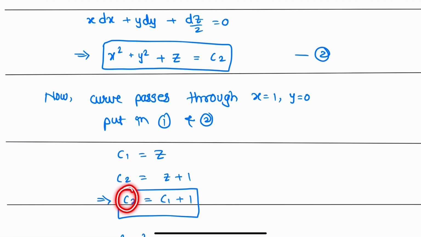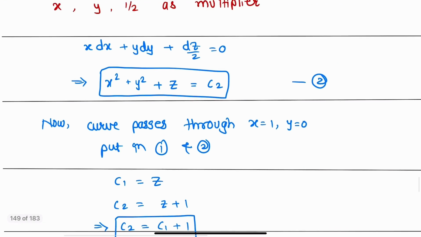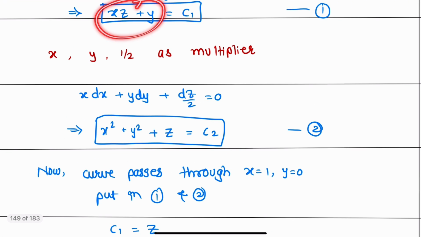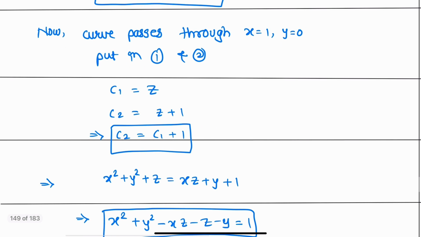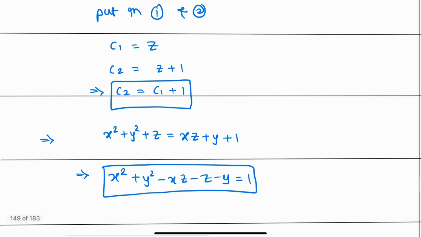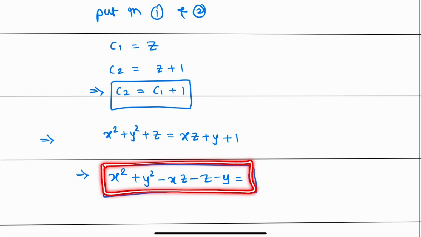But I know the value of C2 as this, and this is the value of C1. I'll just substitute it here. This is C2, this is C1, and plus 1 as it is. So basically, I have eliminated C2 and C1, and this is my particular integral, or particular solution.